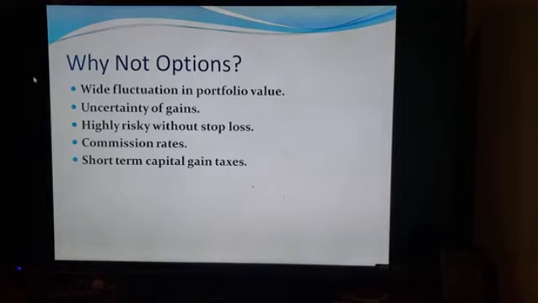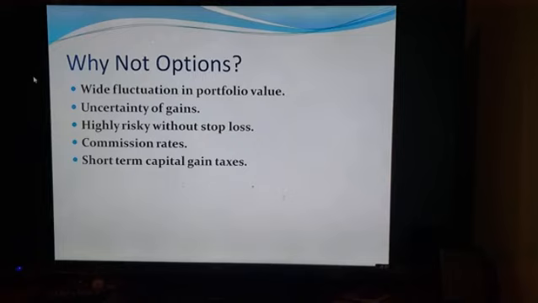Then there is uncertainty of gains. Sometimes you will get gains, sometimes fewer gains. There are components of the option which don't favor higher gains. We'll talk about it in later sessions. It is highly risky.